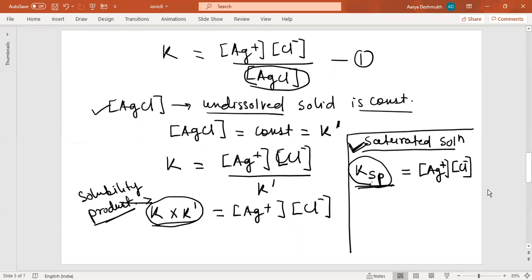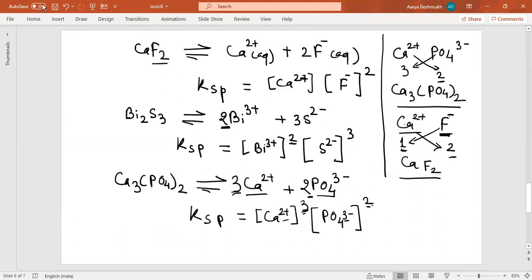So you can write more examples for this. Like CaF2, calcium fluoride. It will dissociate as calcium ions and two fluoride ions. So the solubility product KSP can be given as the concentration of calcium ion and the concentration of fluoride ions raised to 2.